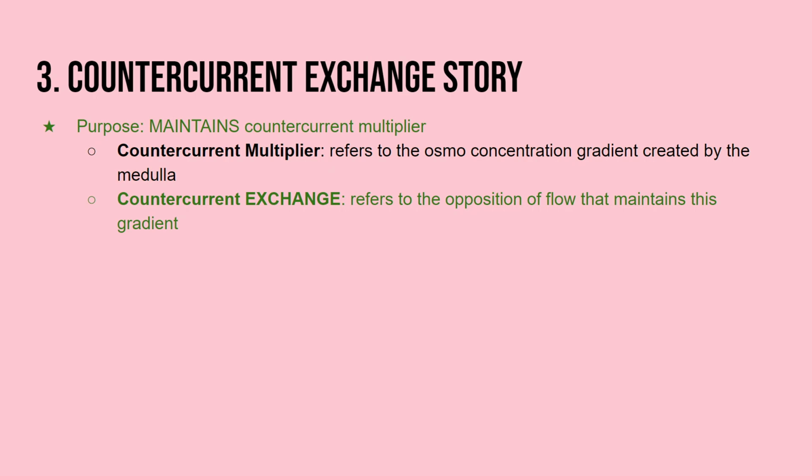I believe it's in the descending limb. So it's coming through the blood, traveling, and being recycled back into the filtrate here. So that maintains a cycle. Urea doesn't just keep leaving into the medulla; it enters the blood and comes back into the nephron in the descending limb, so it can be maintained in the filtrate.